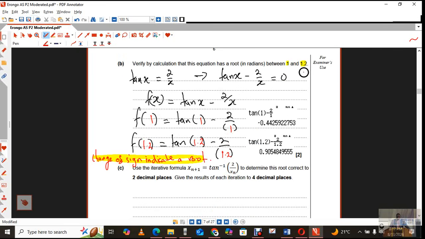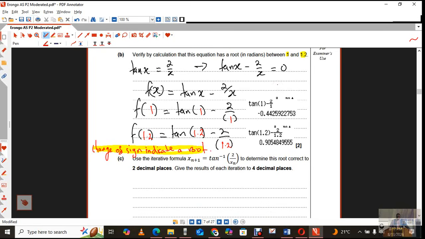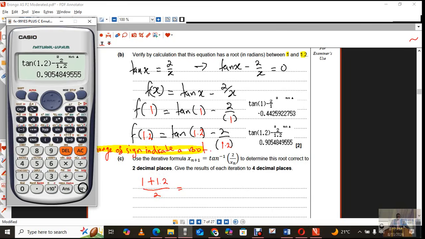Since we have determined from part B that there is going to be a root because there is a change in sign when you substitute those into that function, some people say, let's just add where it passes, and then find the mean. We divide the answer by 2. Let's see what we get when we do that.